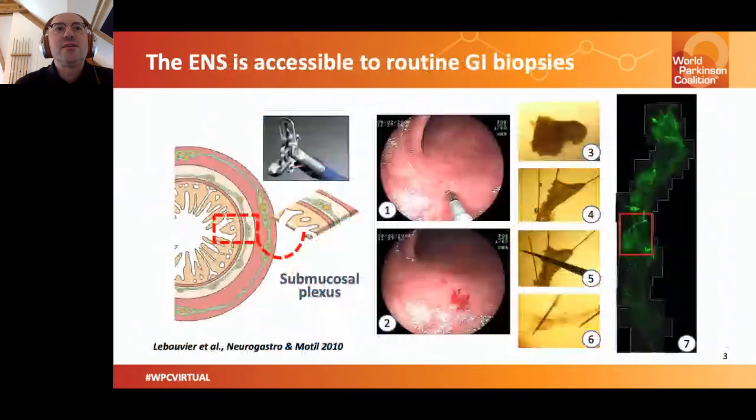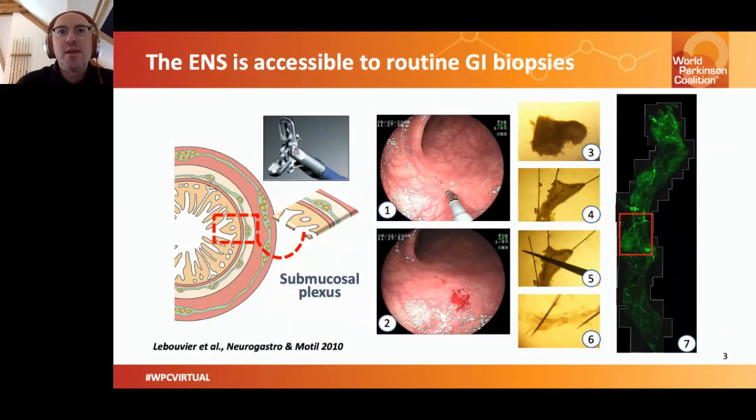One of the main characteristics of the enteric nervous system is that it is readily accessible in living subjects. In sharp contrast to the CNS, the ENS can be easily biopsied in living people. If you want to analyze the ENS, and especially the submucosal plexus properly, there are a few tips and tricks that you need to follow. The critical issue is that you shouldn't process your biopsy in the usual way. Instead of embedding your biopsy in paraffin, you will have to dissect it under a stereo microscope.